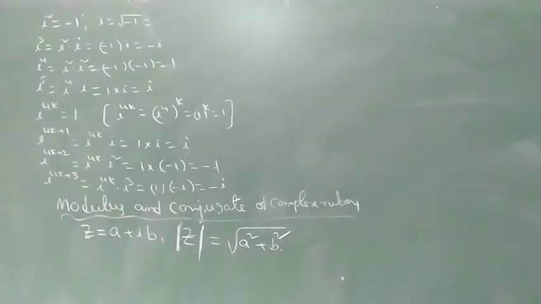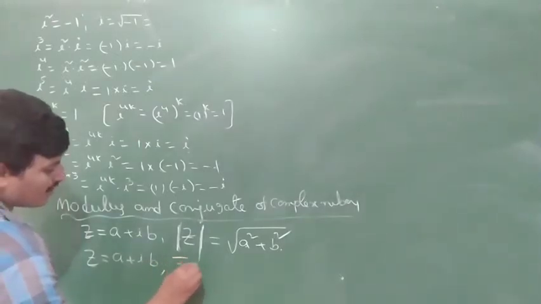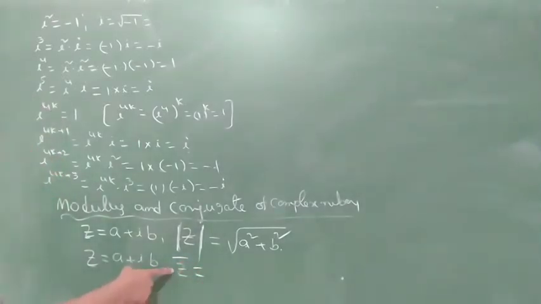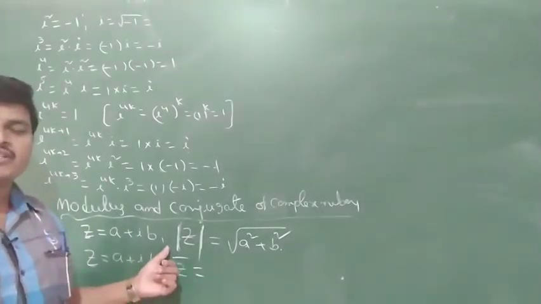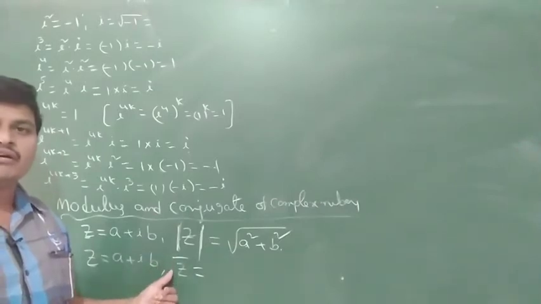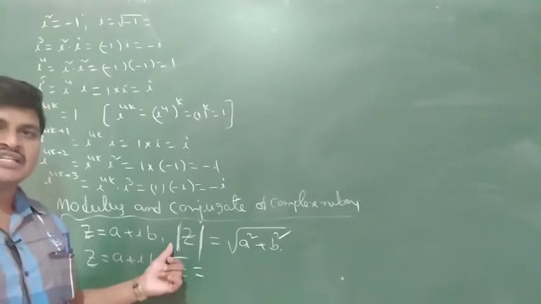And next, the conjugate. z is equal to a plus ib. So z bar means the conjugate of z. The symbol is a bar, z bar. z bar is nothing but the conjugate of z, and mod z is nothing but the modulus of z.